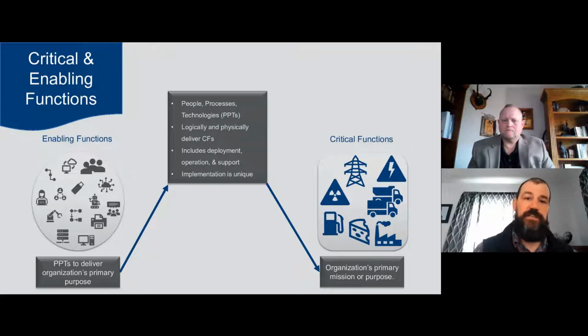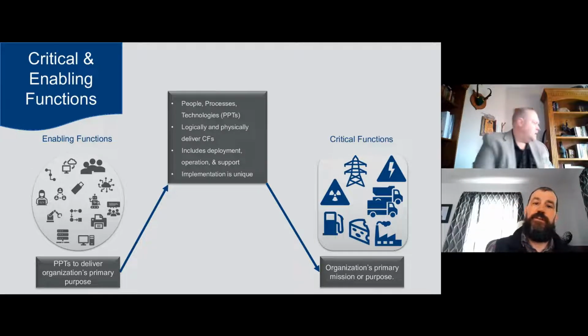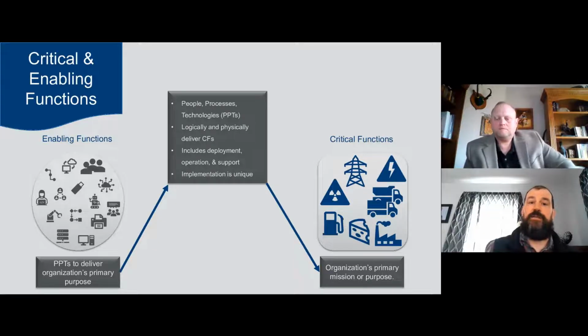So in 2015, when the Ukrainian distribution systems, four different distribution companies, were attacked, an adversary went in and actually got onto the systems at these distribution control centers, and they opened up all the breakers in the substations. Well, the Ukrainians at that point had a very different model. They had not gone through this optimization cycle.